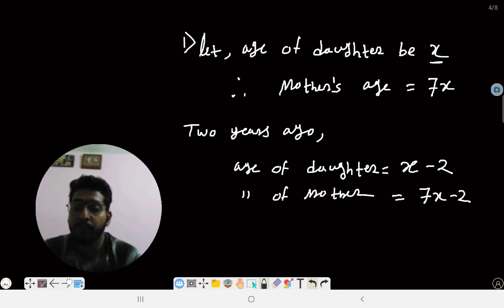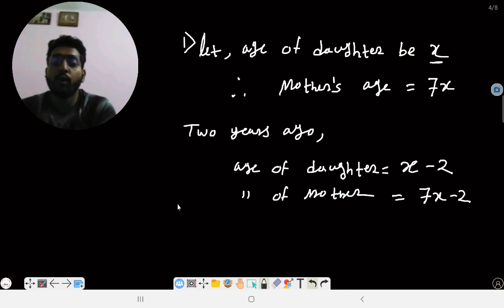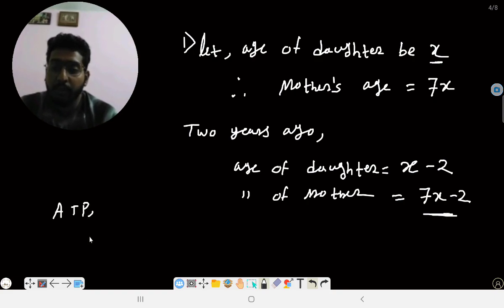Now look at here. 2 years ago the age of the daughter was x minus 2 and the age of the mother was 7x minus 2. So it is given that the age of the mother, that means 7x minus 2, will be 13 times, that means 13 into x minus 2.